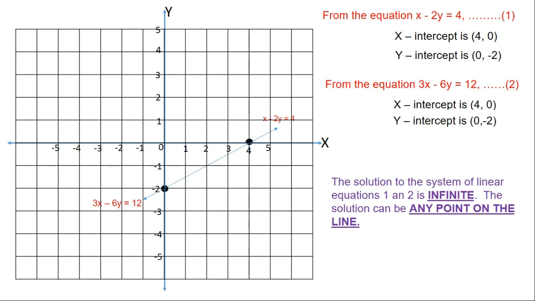The solution can be any point on the line. This means that the solutions to the system of linear equations 1 and 2 can be infinitely many. So you can really understand the difference between the systems of linear equations.